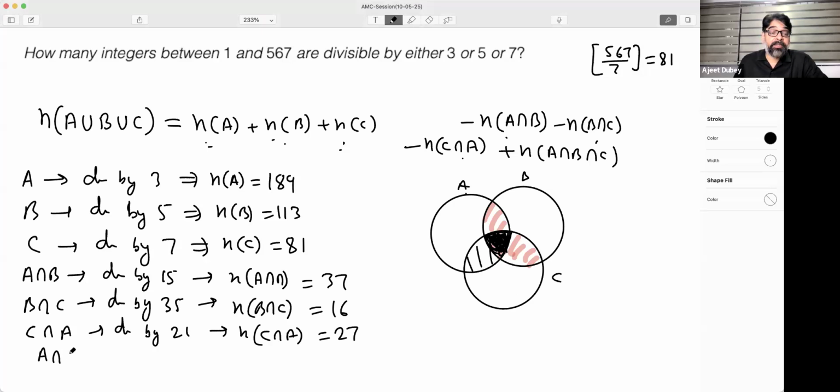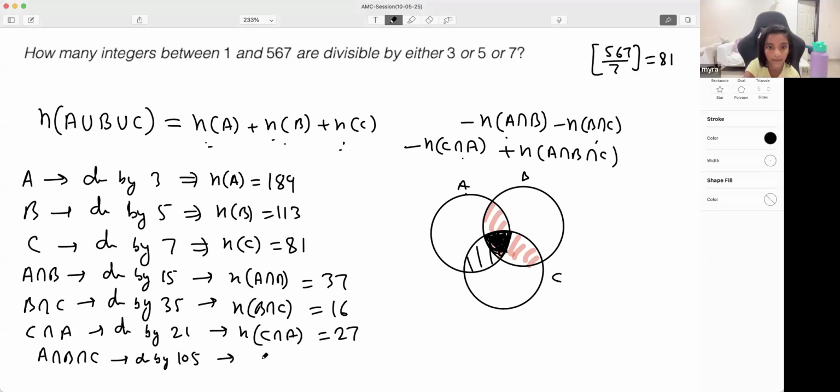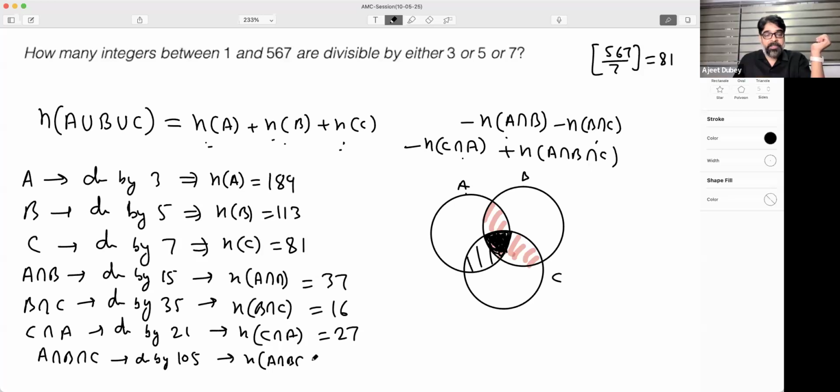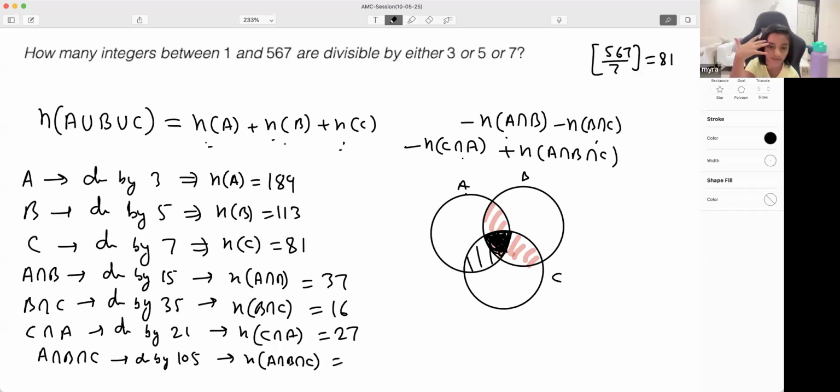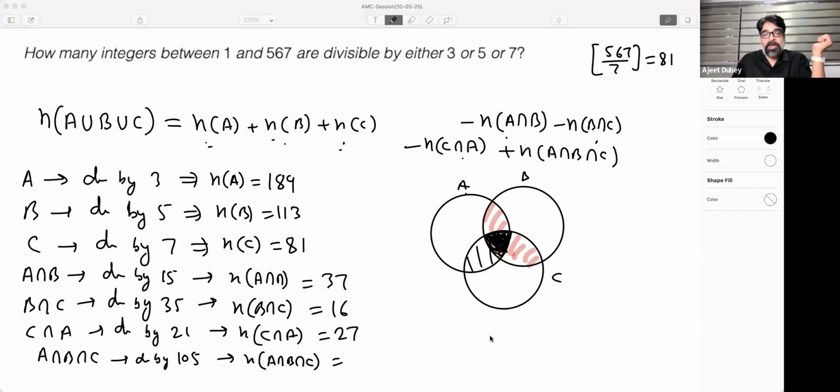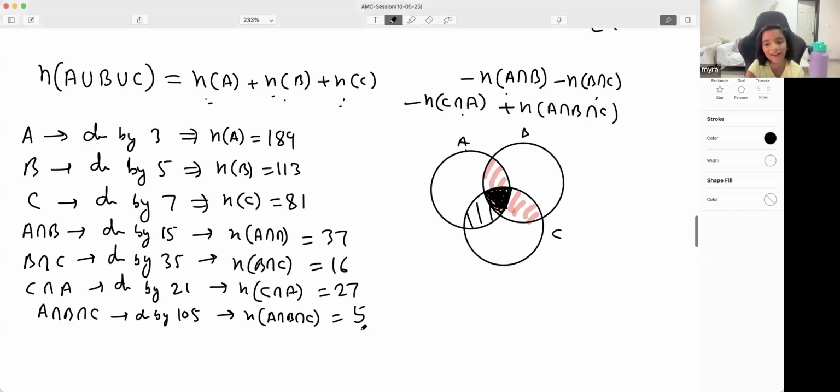And A intersection B intersection C means divisible by 35 into 3, 105. So n of A intersection B intersection C will be 567 divided by 105. It will be 5. Sir, I got my mistake.